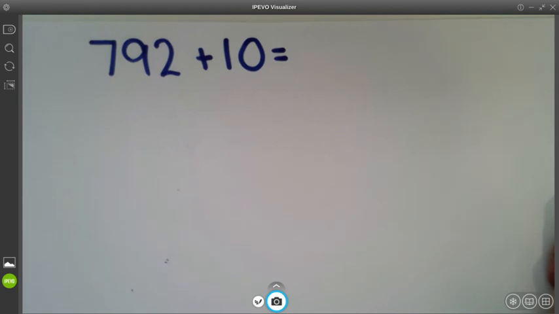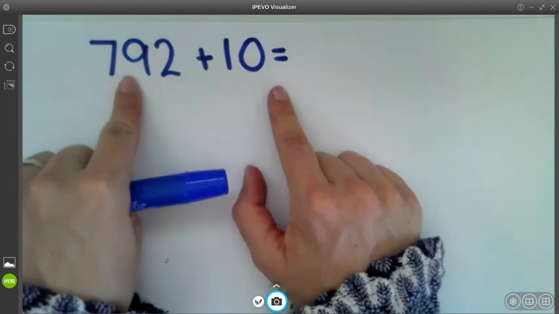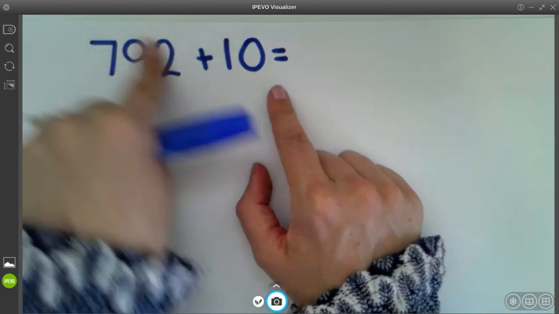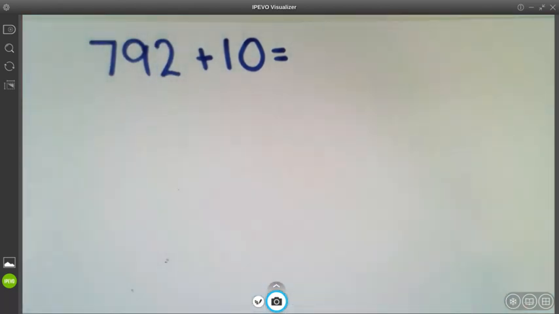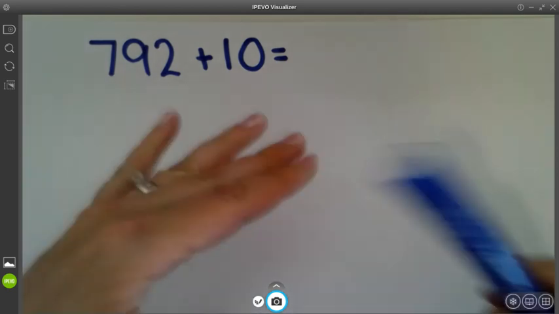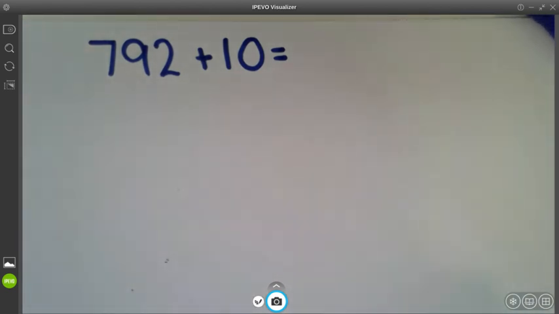It's different because in this case, we can't just add a number to the tens place, because that would be 10, and that would totally change this number. So what is this tool or strategy that I can give you to help you solve these types of problems?